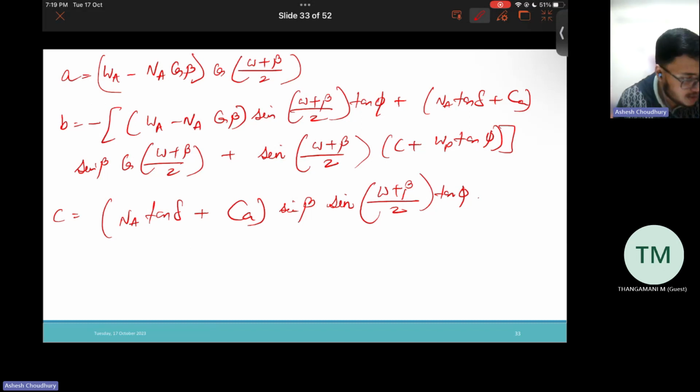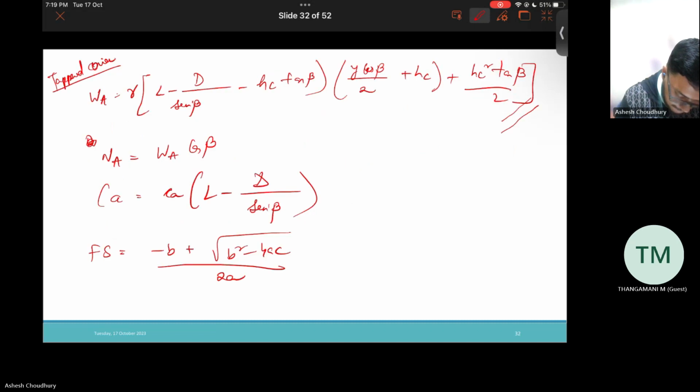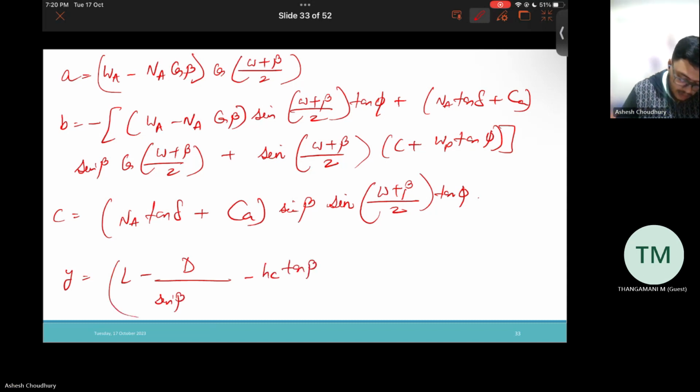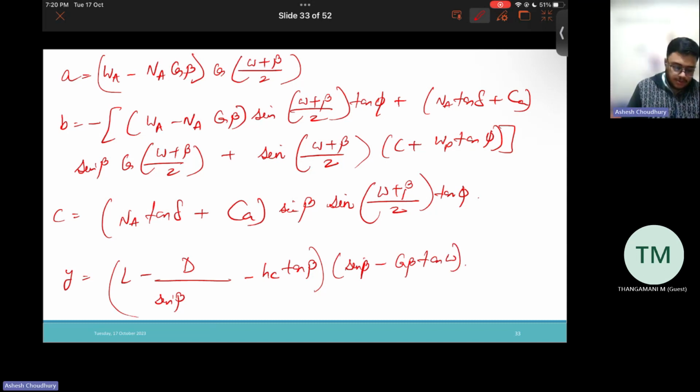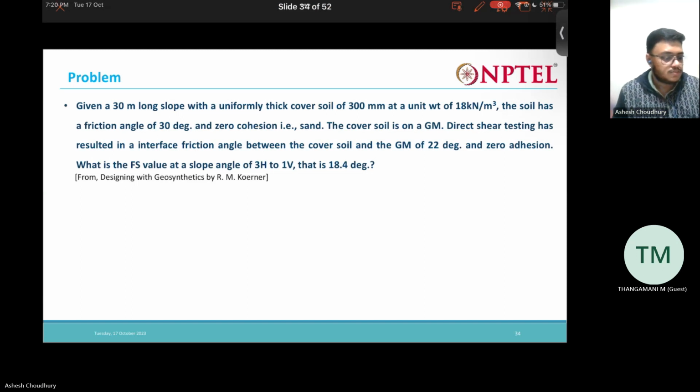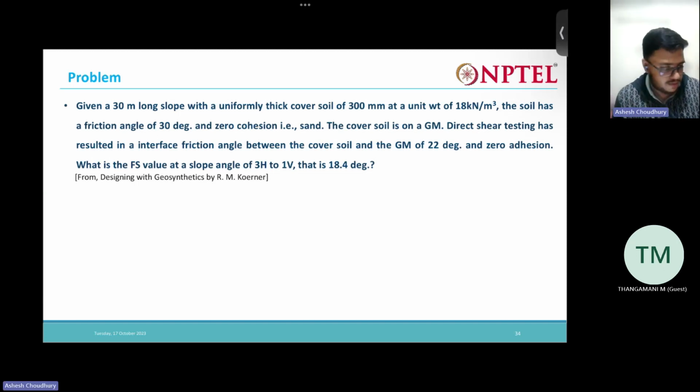Quite lengthy, right? Now let us see this. Directly we will put the values in and find everything out.